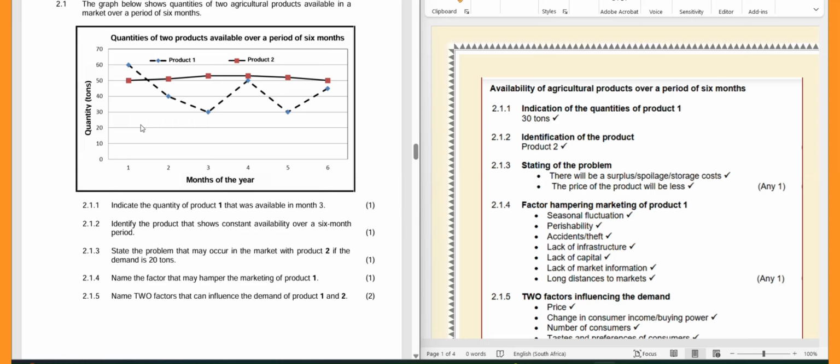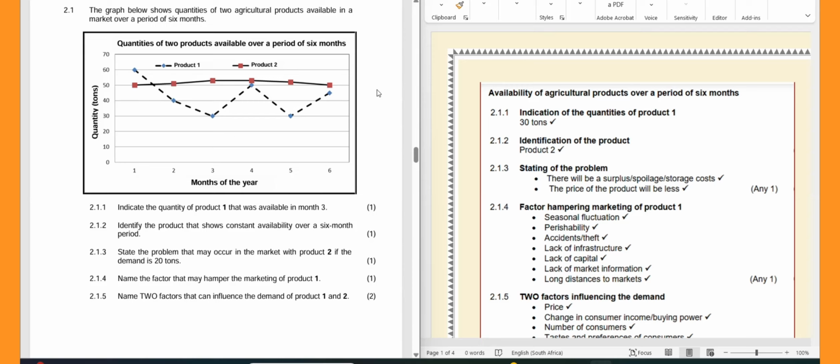2.1.4, name the factor that may hamper the marketing of product 1. Factors hampering marketing of product 1, it can be what? It can be perishability, alright? Okay, so let me try to explain this. As you can see, there was something that was hampering the availability of product 1.